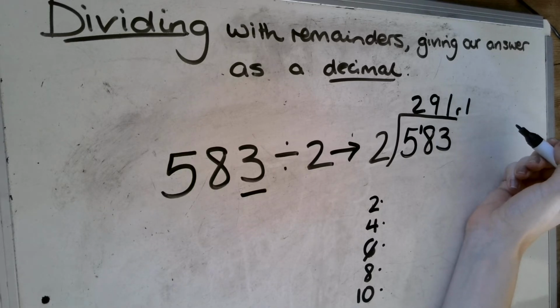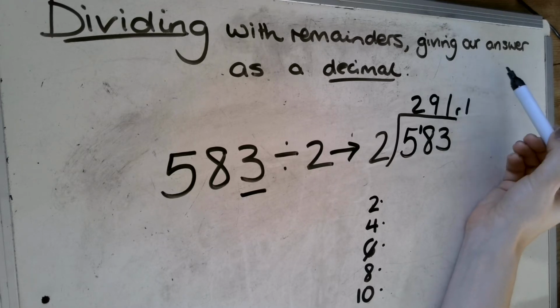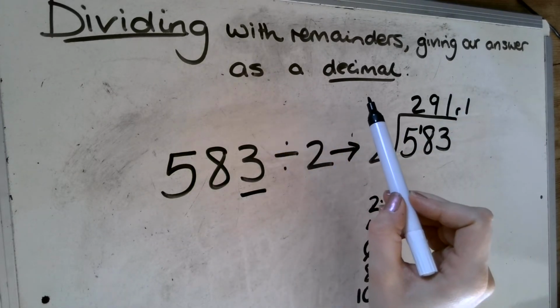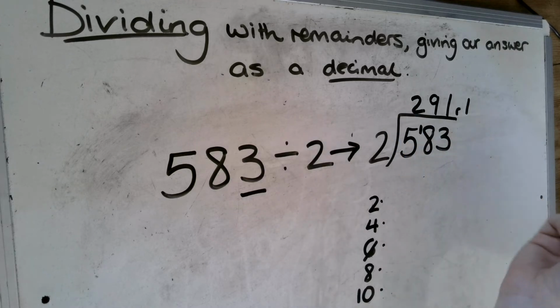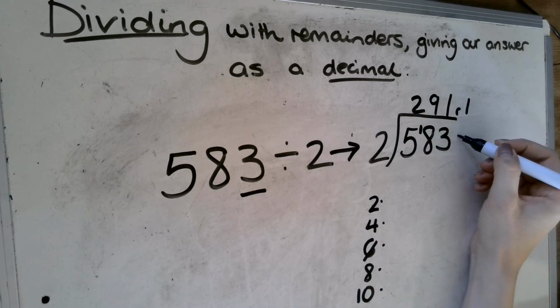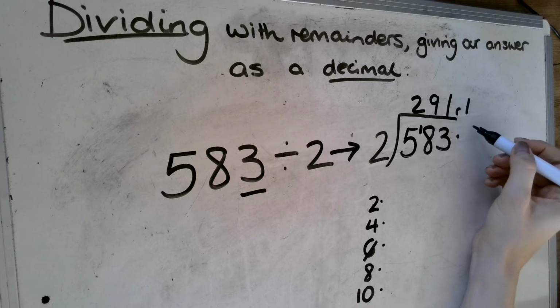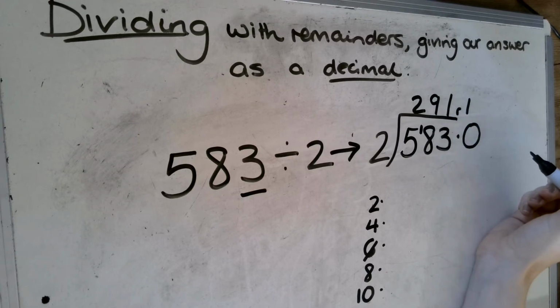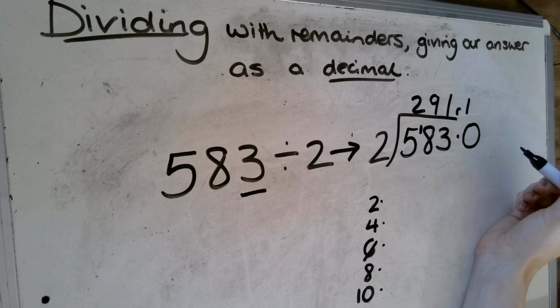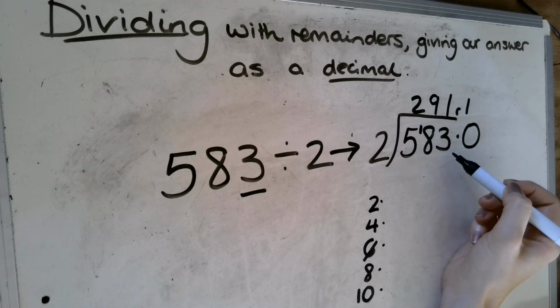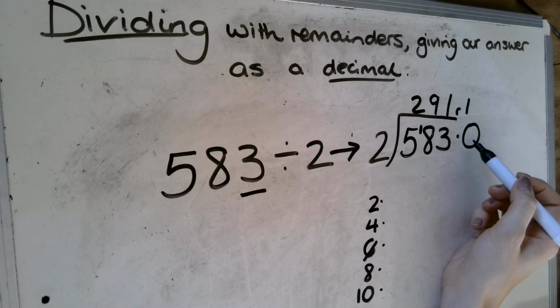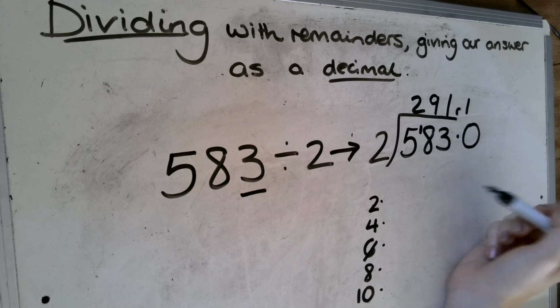Now 291, remainder 1, is correct, but today we're going to give our answer as a decimal number, just like a calculator would. So I'm going to add a decimal point to my 3-digit number, followed by a 0. Now this doesn't change the number in any way. If we think of £583 and 0 pence, we still have £583.